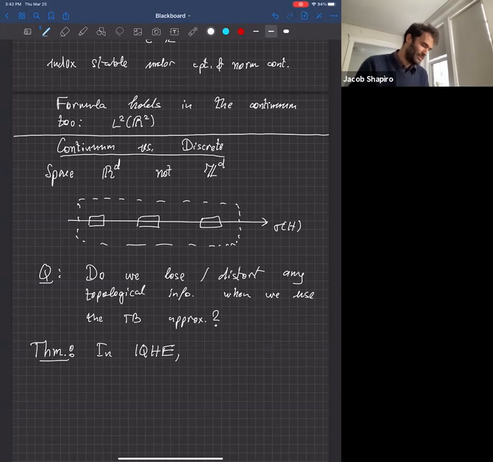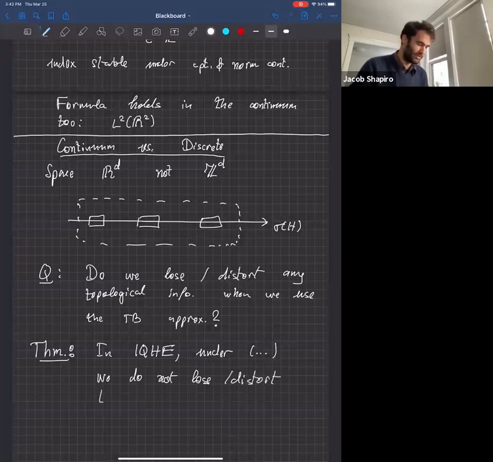All right. So the theorem is that in the integer quantum Hall effect, under certain fine print conditions that I will get to in a minute, we do not lose or distort topological invariants. Namely, the invariants of the continuum agree with the invariants of the tight binding systems, which are the limits of these continuum systems.